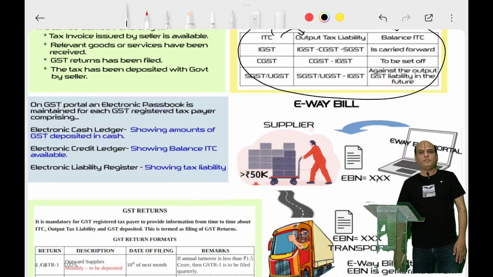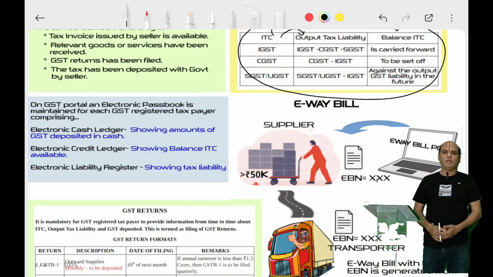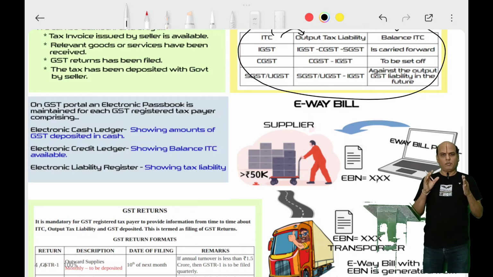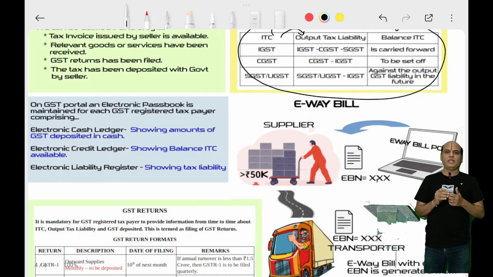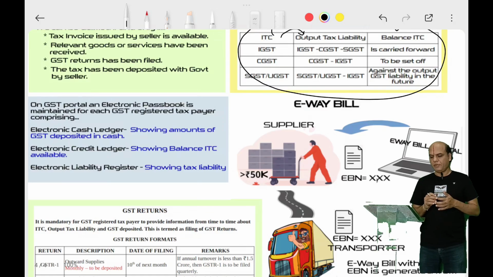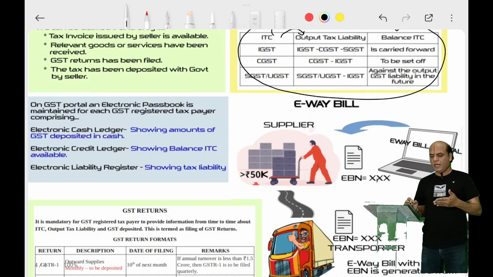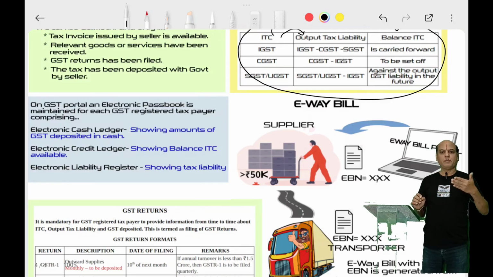Now there is a GST portal where taxpayers go and register. Upon registration, they will be issued a GST index number. It is called GSTIN. Against each taxpayer registration, an e-ledger or e-passbook is maintained.